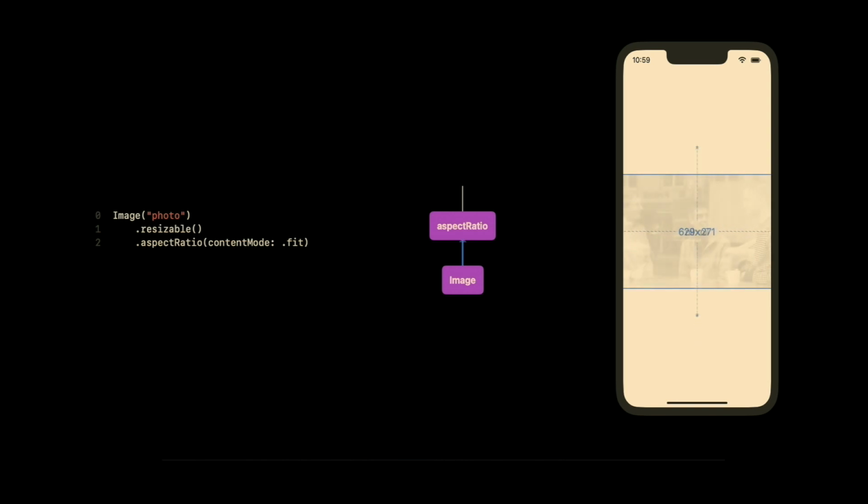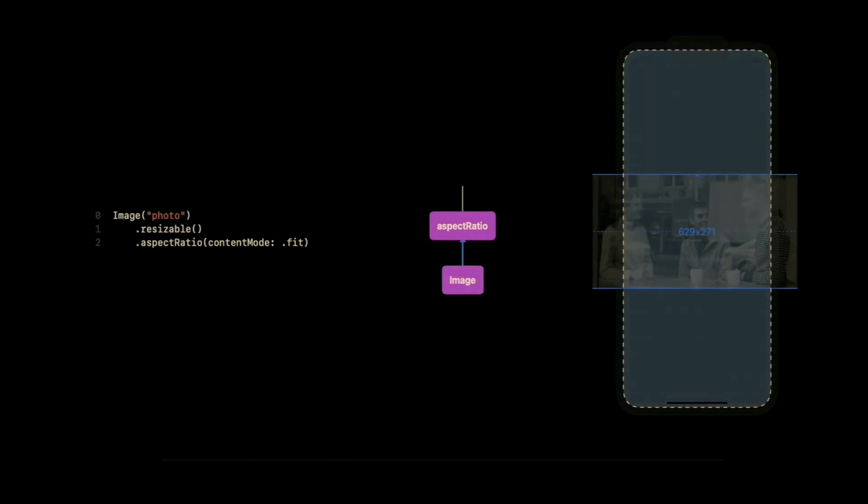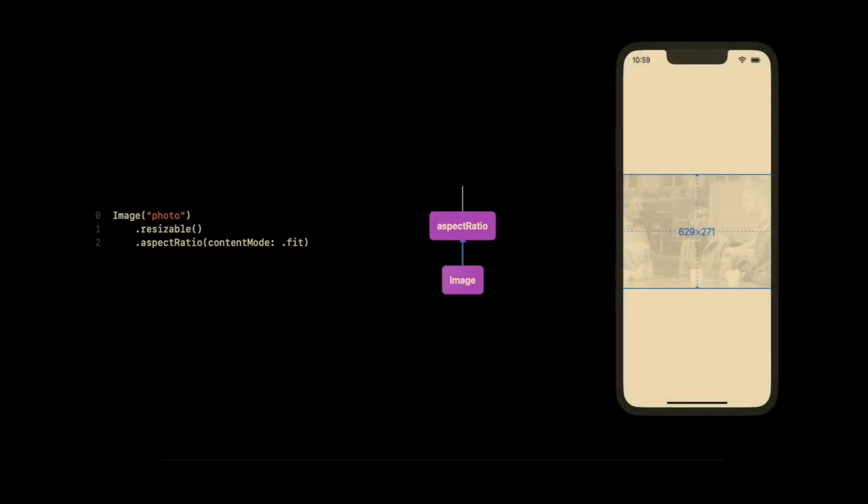The image says, well, my size is 629 by 271. So this, again, stretches beyond the bounds. And the aspect ratio then takes a rectangle with that same aspect ratio that fits within the safe area, and it proposes that to the image. And this way, we can get an image that displays the full image, but it's displayed at the correct aspect ratio.